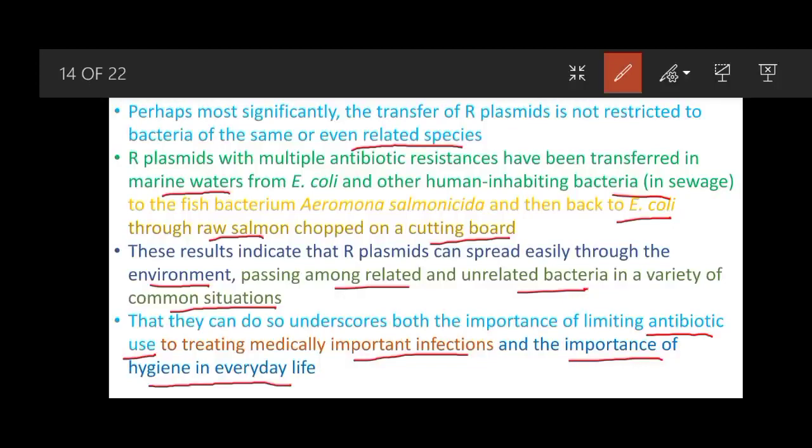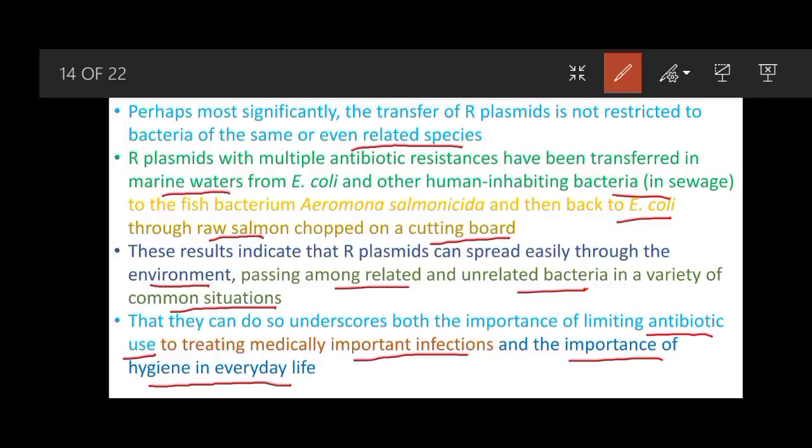Otherwise, the bacterial species will develop different resistances, and our plasmids contain the genes, and excessive use of the antibiotics will result in selecting the resistant strains, because when antibiotics are used, the strains and species that are sensitive to those antibiotics will die, and only the strains that have the resistance genes for those specific antibiotics will start growing at a very rapid pace.